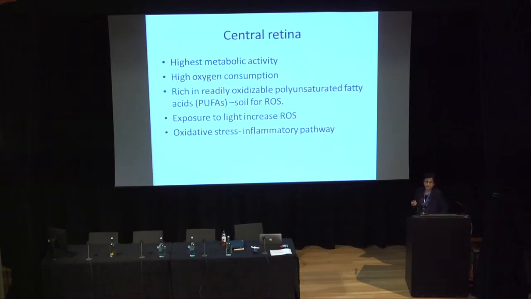It's also very rich in polyunsaturated fatty acid, another soil for reactive oxygen species. Together with all these metabolites coming out of the retina and the effect of blue light, that will be the soil for oxidative stress and inflammation.